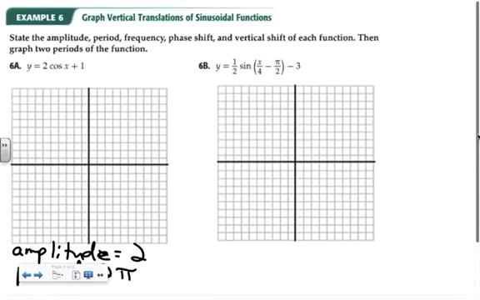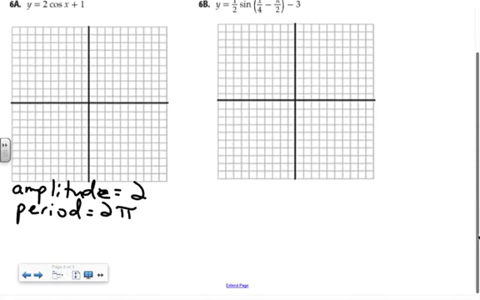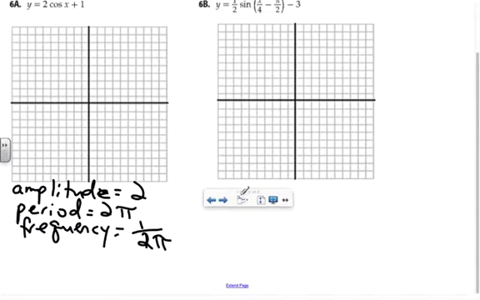Is it asking me to notate that? So period is 2 pi, that means the frequency is once every 2 pi. Phase shift is 0, or no phase shift.